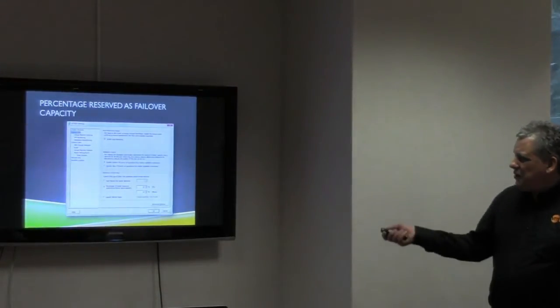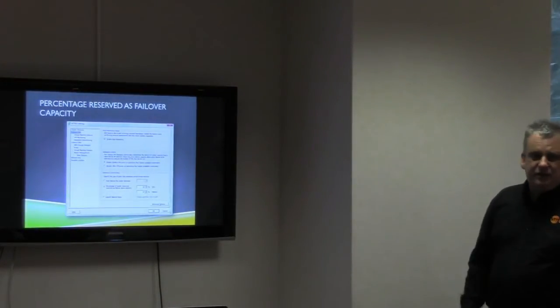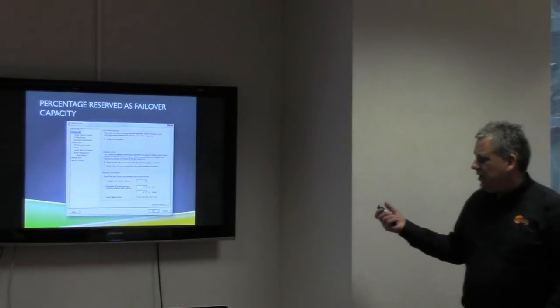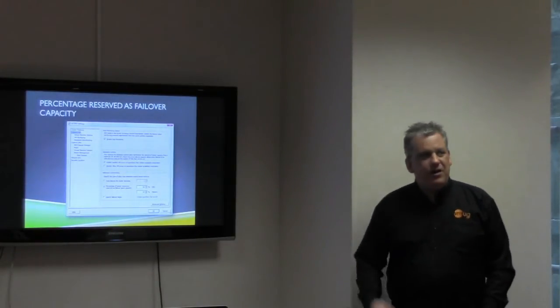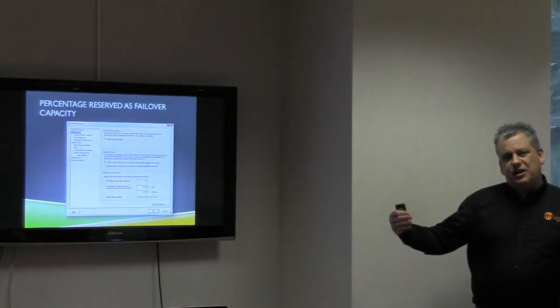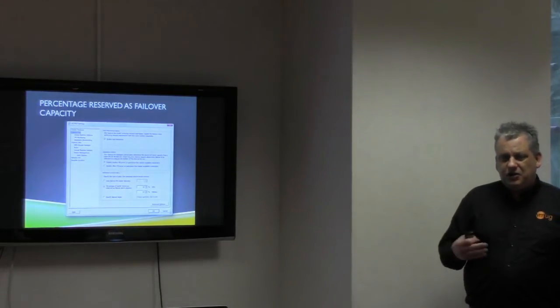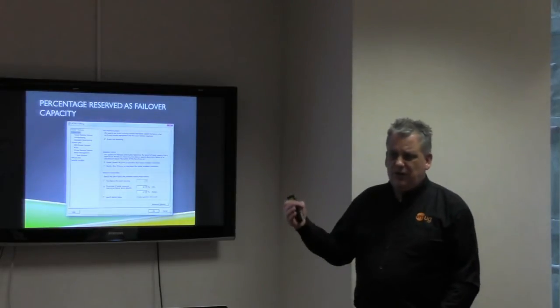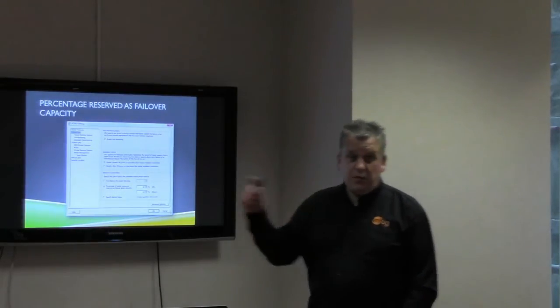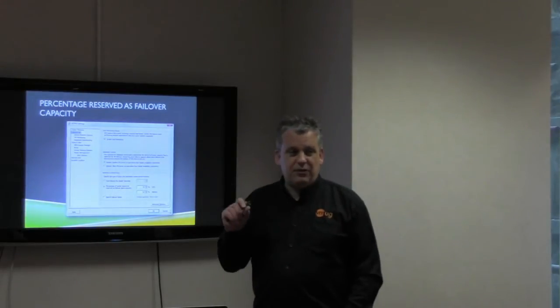Because if you are configuring percentage, and in vSphere 5.1 you can do it both for CPU and memory in separate values, then you're saying, well, the HA cluster needs to reserve a certain amount of resources to be able to guarantee that virtual machines with reservations are able to power on.